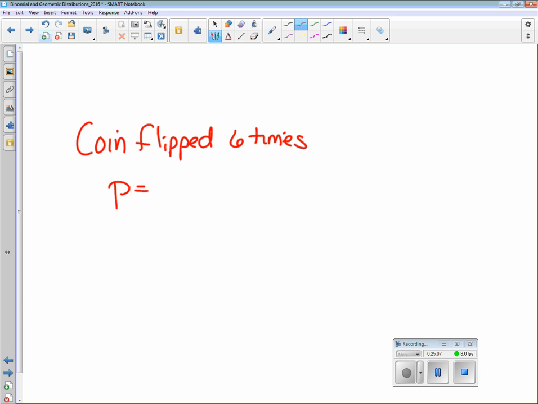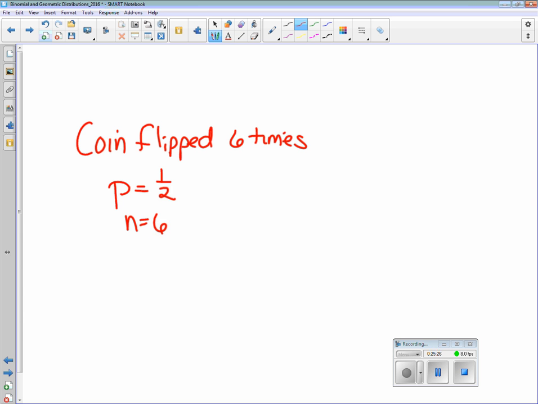What's the probability of getting a head on any one flip? It's 1/2. And then n was 6. Would you agree? And then what was x? Doesn't that change every time? Right, that's fine. Okay, so my question becomes this.